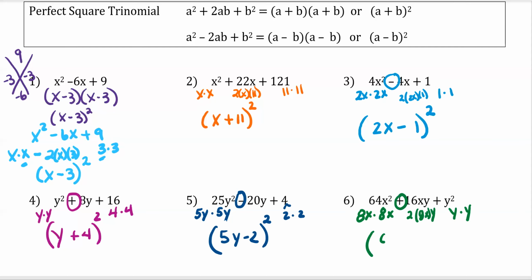So our factors are 8x plus y, and 8x plus y are just 8x plus y squared. So there are some practice problems on perfect square trinomials.